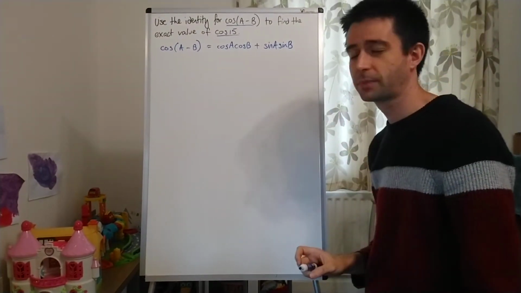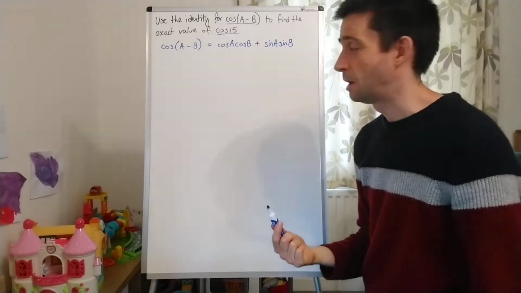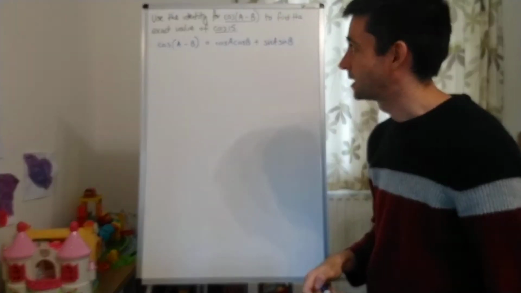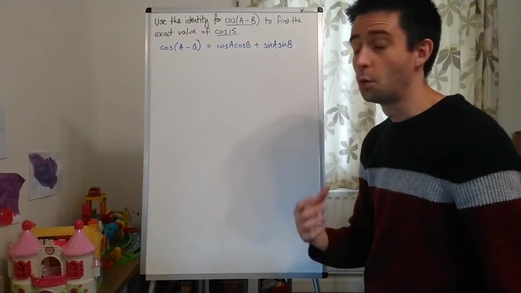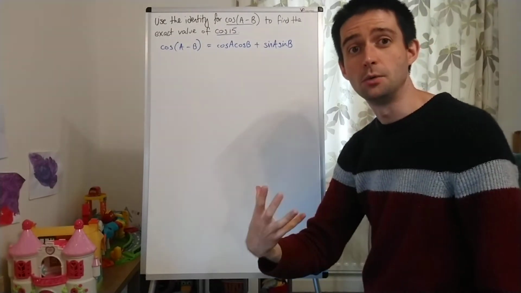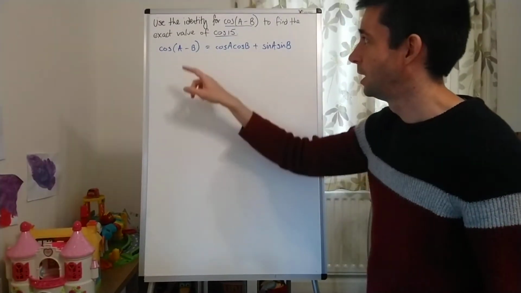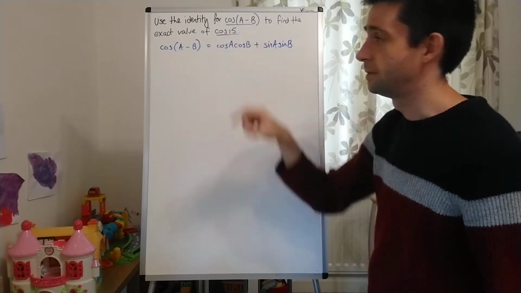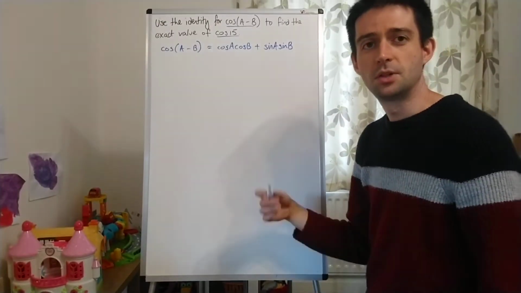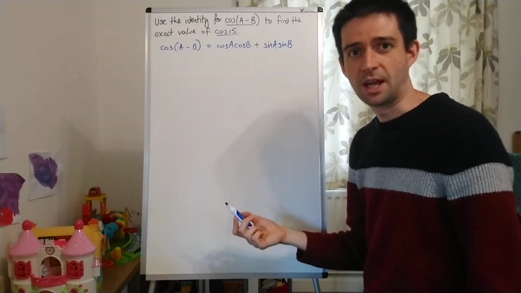What I now need to think about is exact trig values, or angles I should say, that I know exact trig values for that have a difference of 15. So let's have a think about which angles we know exact trig values for.